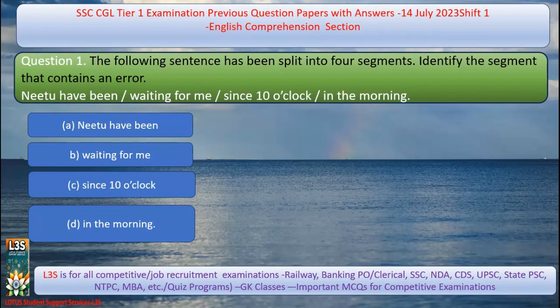If we see carefully, we'll find in the morning is fine, since 10 o'clock is fine, waiting for me, nothing wrong. But the first part, need to have been, is not correct.